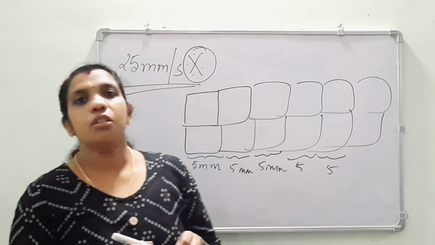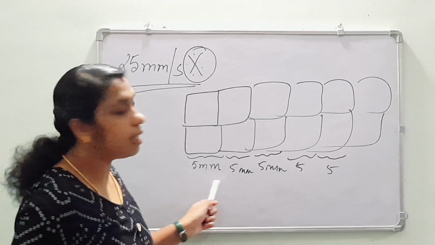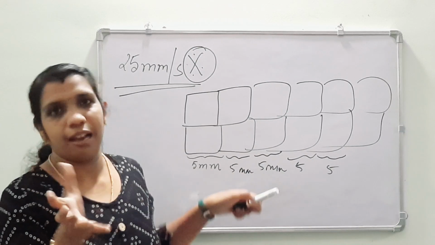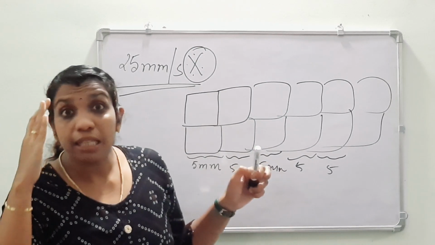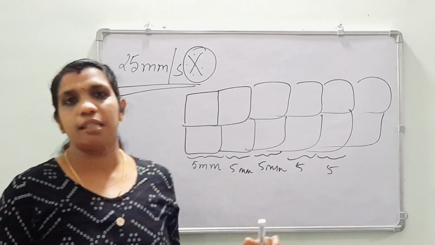You understand? In 1 second, the ECG machine will be covering 5 large squares of the ECG paper.